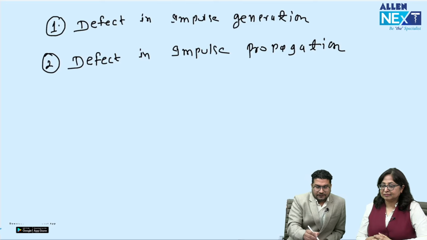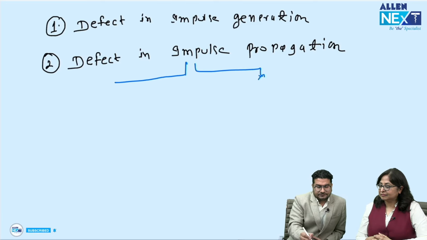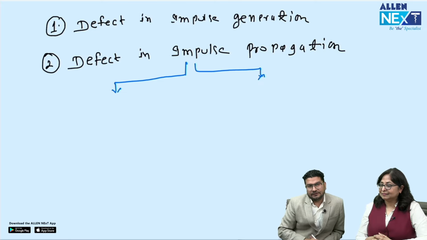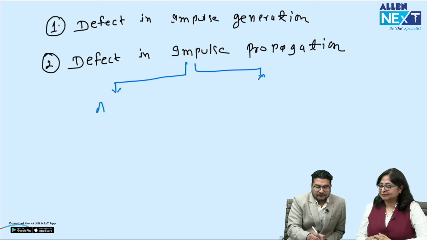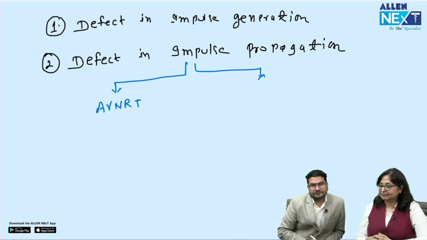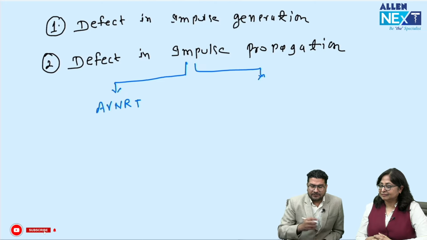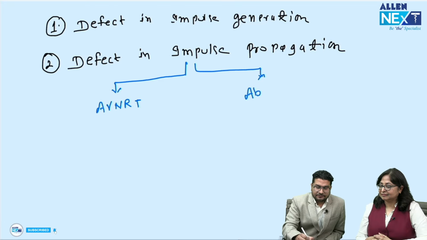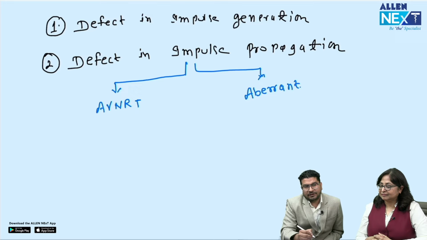there are two possibilities. First is some kind of re-entry. We call this the re-entry phenomenon, and arrhythmias triggered by it we call AVNRT, AV nodal re-entry tachycardia. Sometimes the impulse is propagated abnormally because of an aberrant pathway, like the common disease WPW, Wolff-Parkinson-White syndrome.